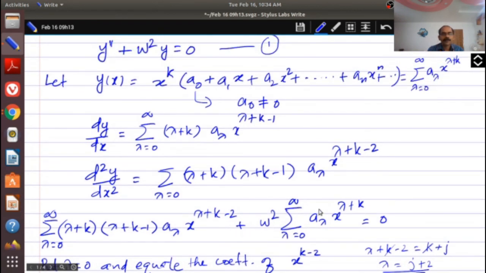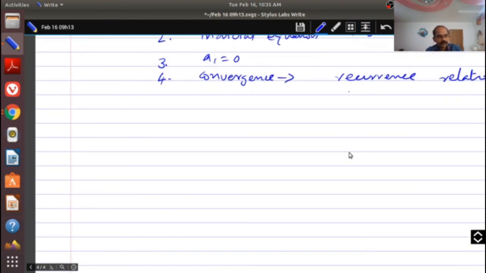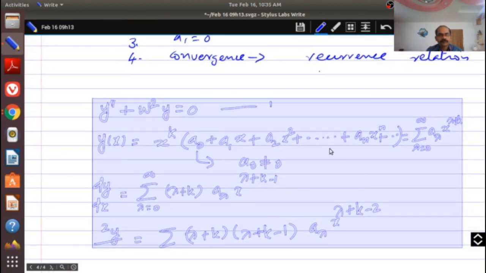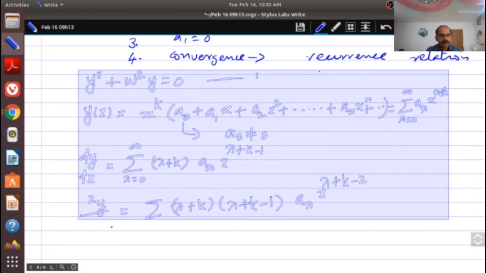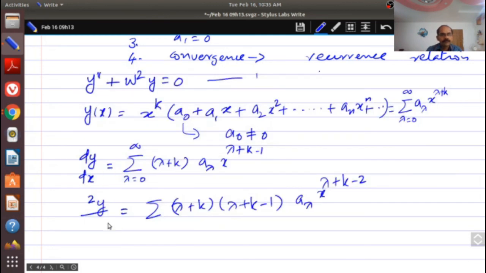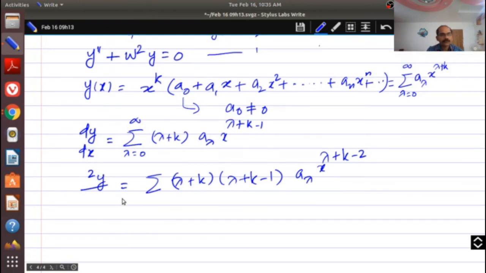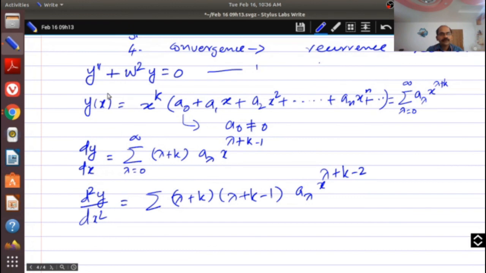Okay, let me take this out again. Now go to d squared y by dx squared. So this was our equation.